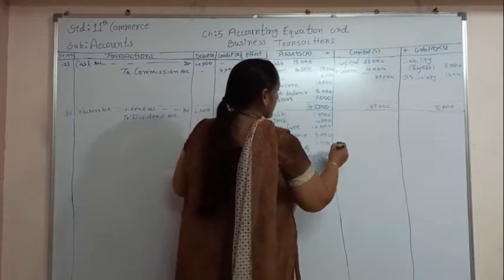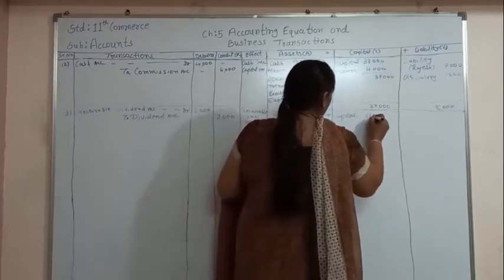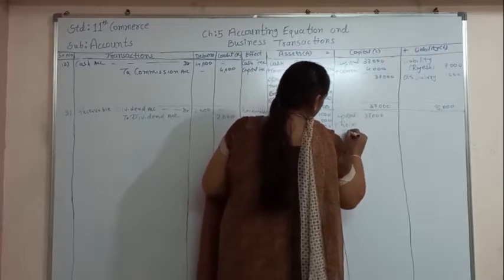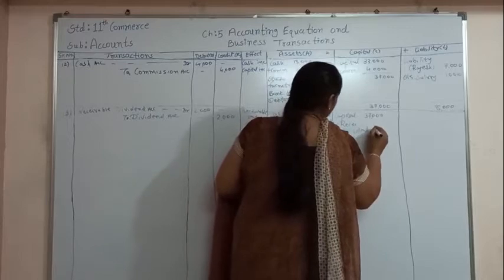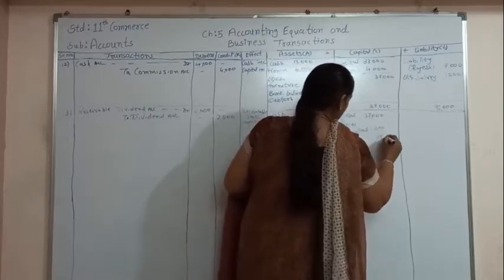And here capital will be 37,000 plus receivable dividend. It will be 2,000. So total capital will be 39,000.